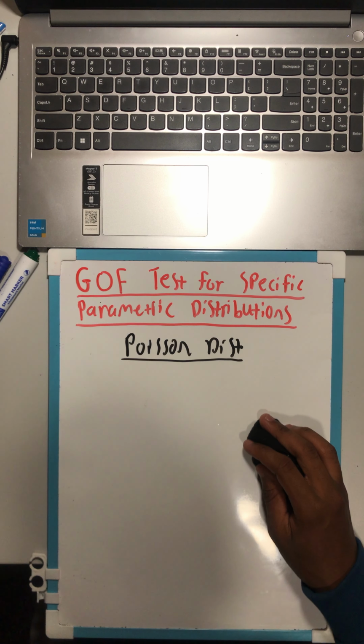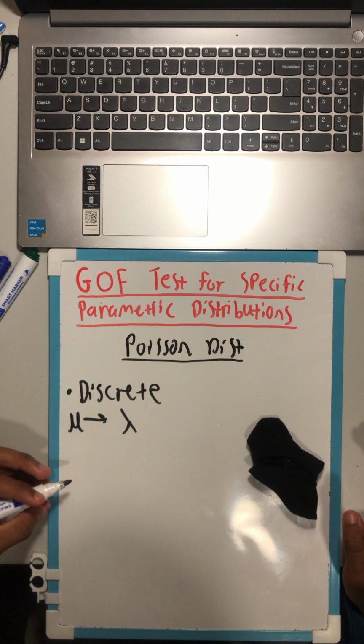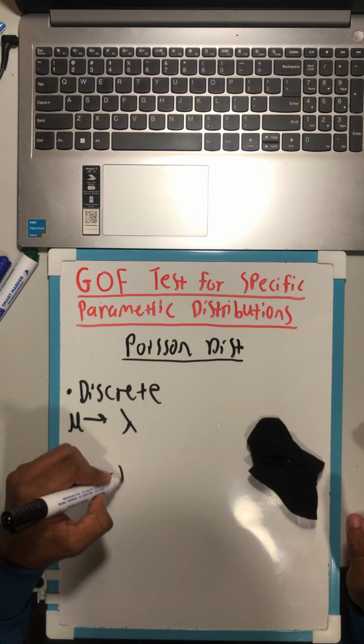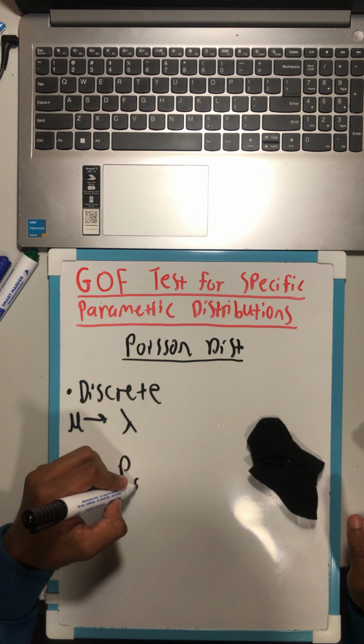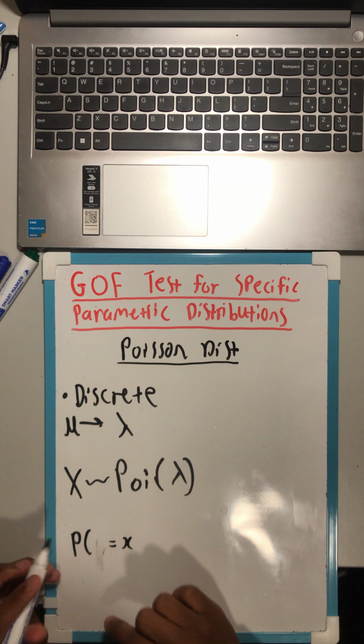If x follows these characteristics, we can comfortably say x follows a Poisson distribution with parameter lambda. And as you may guess, the Poisson distribution has a PMF too, the probability that capital X equals x.